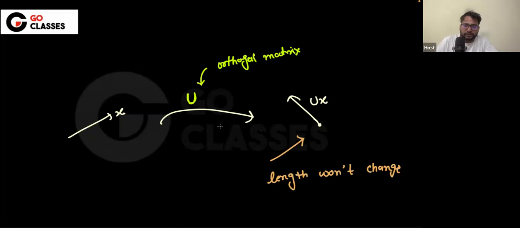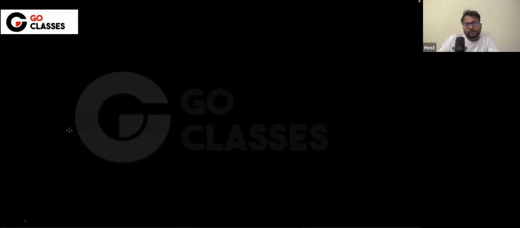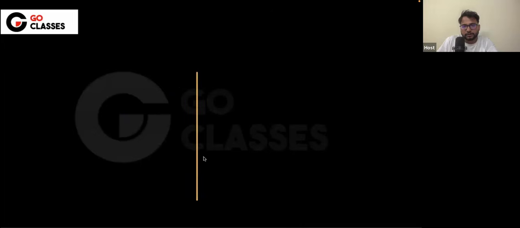Now let's prove that this is also angle preserving. Okay, not just length preserving, also angle preserving. So I told you these are the two properties. What are the two properties? One is length preserving, another one is angle preserving, right? So let me write it.